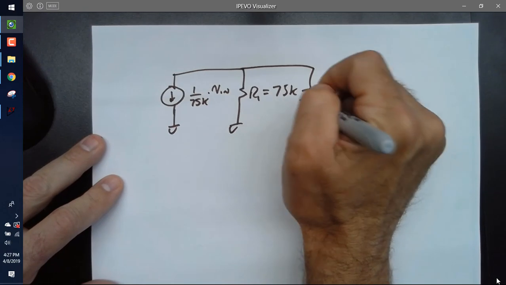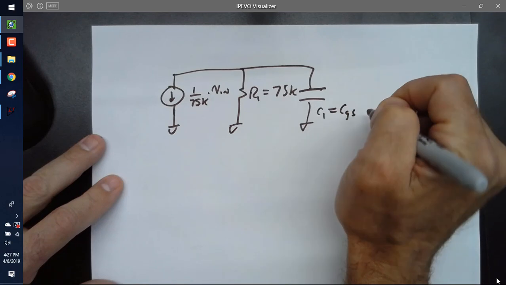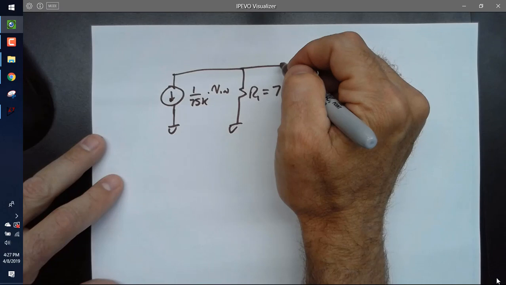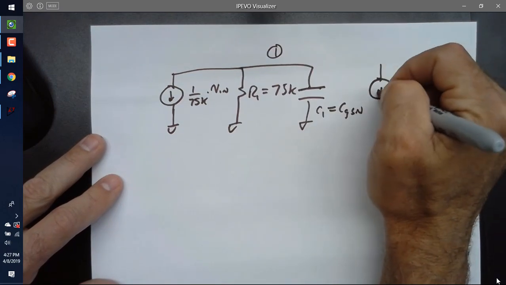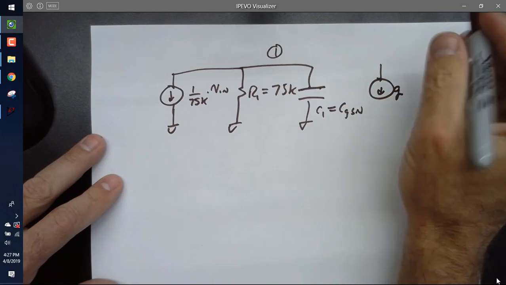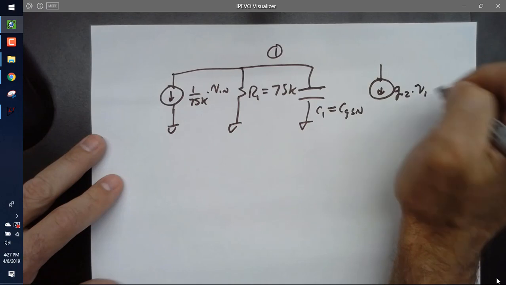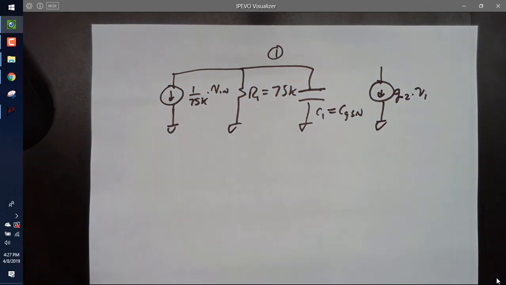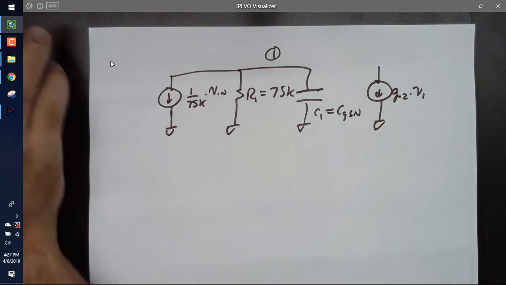Then I've got my R1, which is 75K. Then I've got my C1, which is CGSN. And then I label this node what? Node 1. And I come back over here, and I've got GM2 times V1. I want you to pay attention to this right here, GM2 times V1.